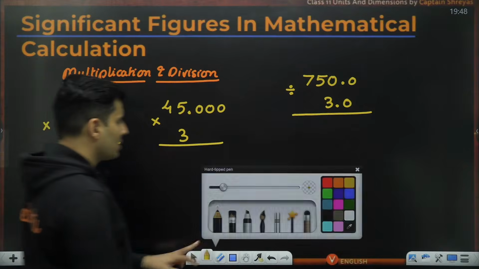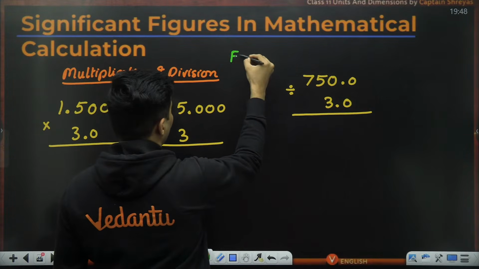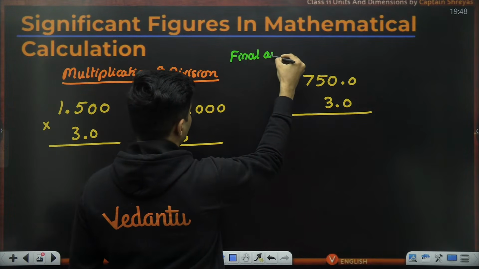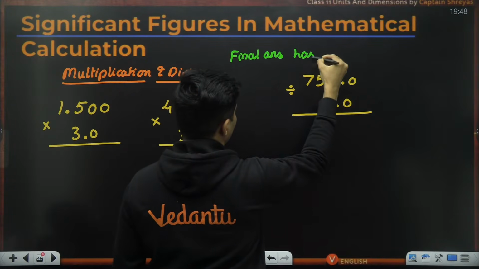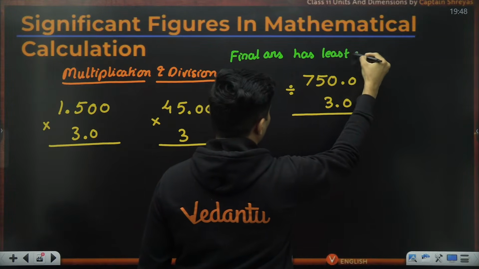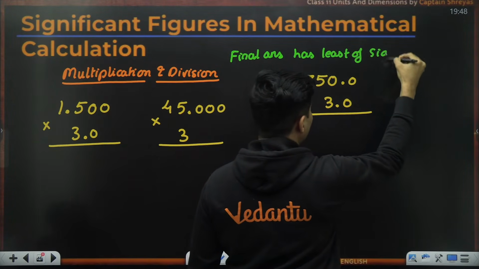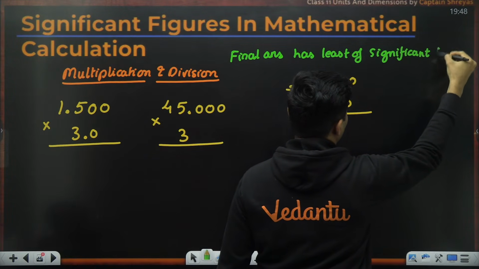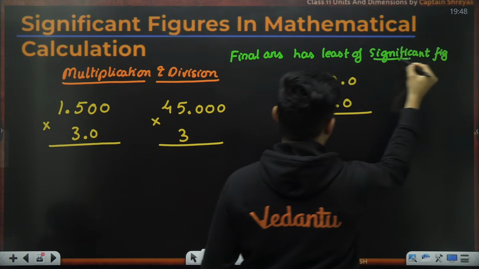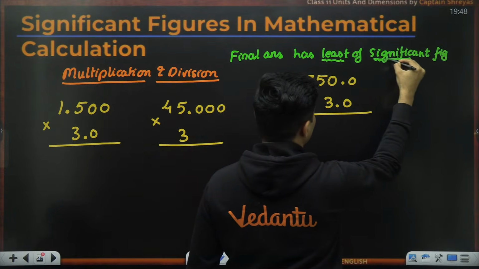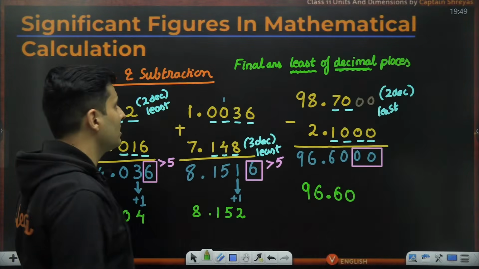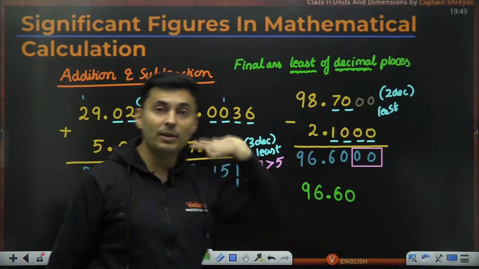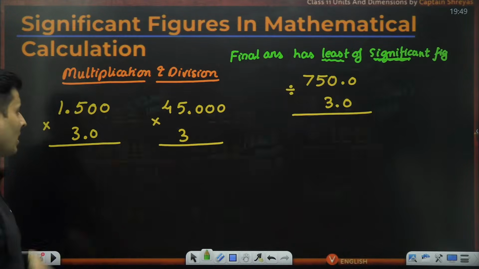Whenever there is multiplication or division, the final answer has the least of significant figures. Least of significant figures. This is very, very important. For addition, subtraction, it is least of decimal places. They are two different things.